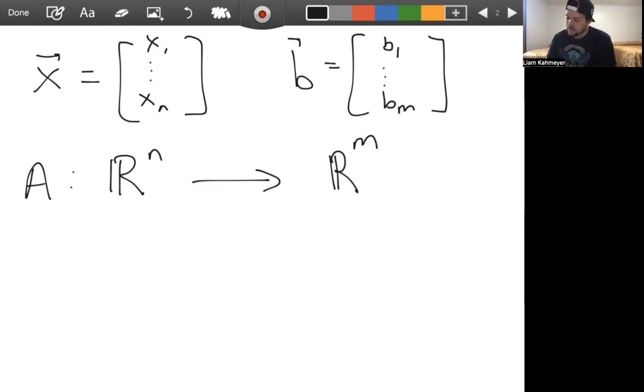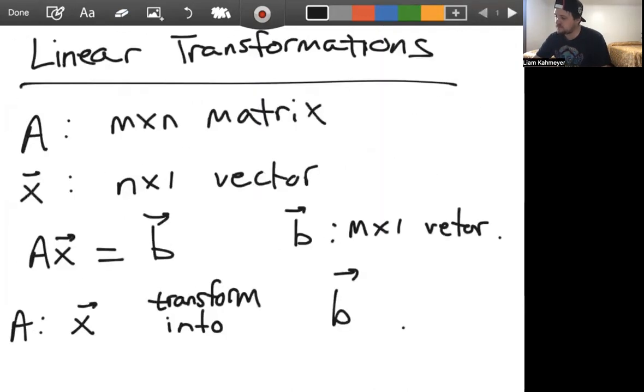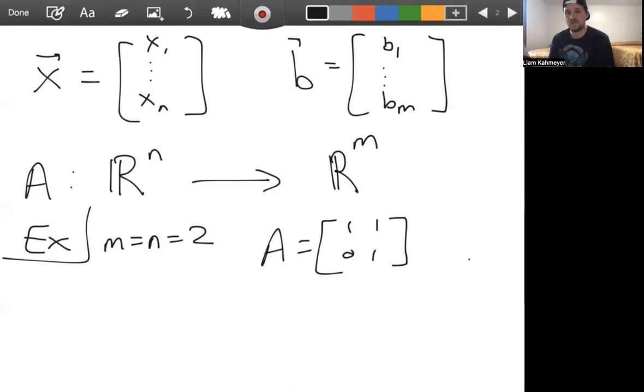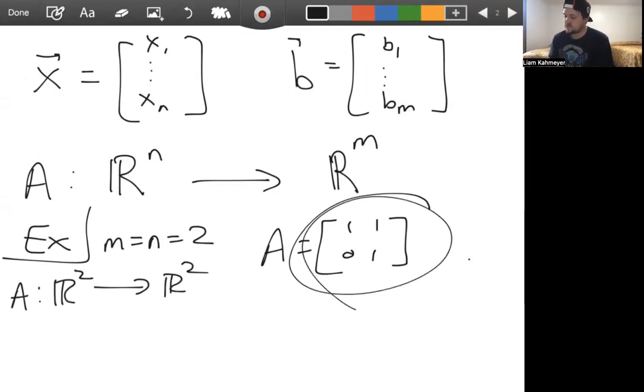This may seem pretty abstract at the moment, but let's look at an explicit example. Let M equals N equals 2, and let A be the matrix 1, 0, 1, 1. Then A is really transforming vectors in R2 to vectors in R2 in this prescribed way.